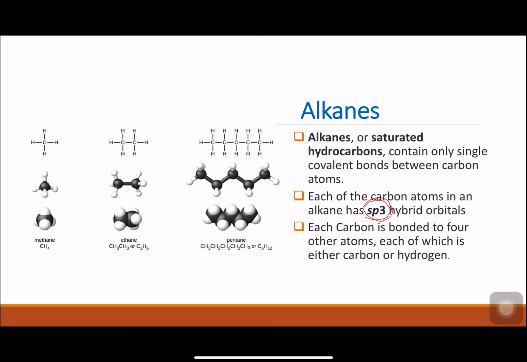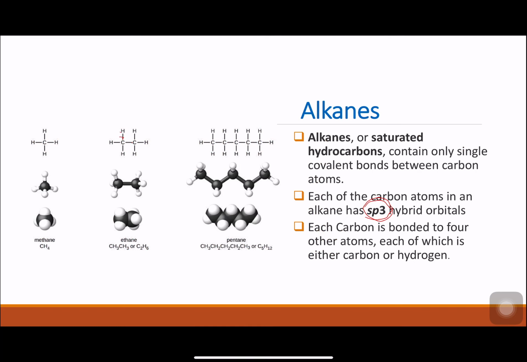And each carbon here is bonded to four different atoms. The four atoms can be one carbon and three hydrogens. So here, carbon attached to carbon, and each carbon has three hydrogens. Or for the simplest one, which is methane, it's all hydrogens, four hydrogens.